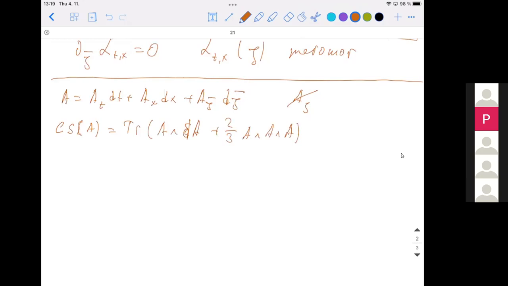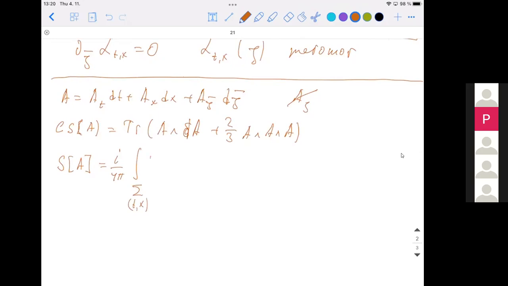So in components, we can write the four-dimensional action as this. Now this sigma is a two-dimensional thing, depending on t and x, and then now we have CP1, dz bar, and this Chern-Simons part.